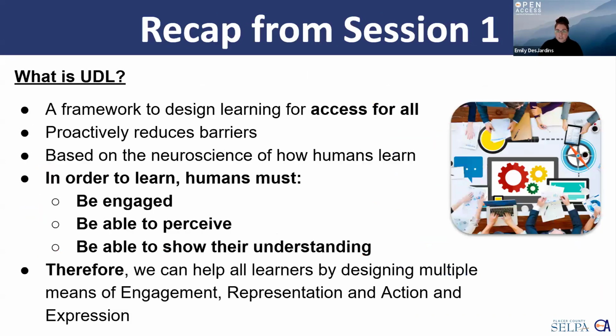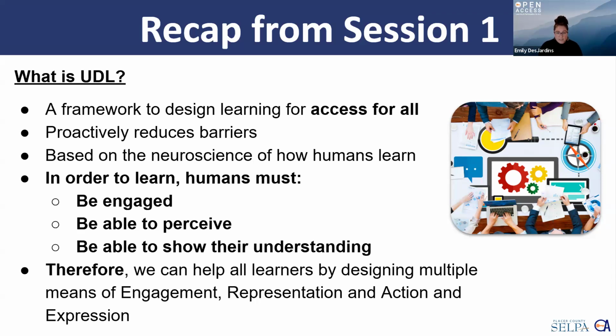All right. So we're going to dive into a quick little recap from our last two sessions. Our first session was really focused on this overview of what is UDL, for anyone that wasn't there or for anyone who was there and would like a refresher. UDL is really a framework that is based on the neurosciences and is focused on designing learning that is accessible for all.